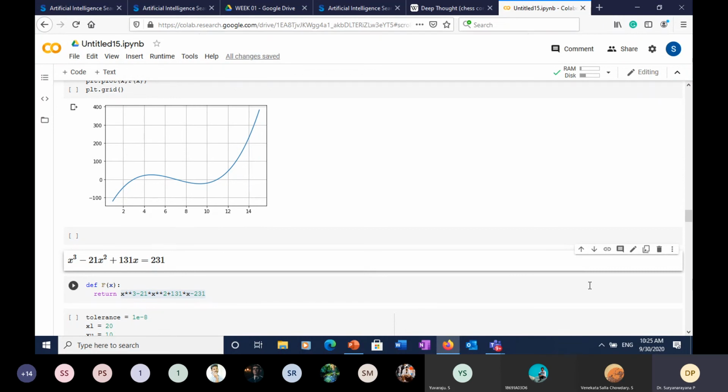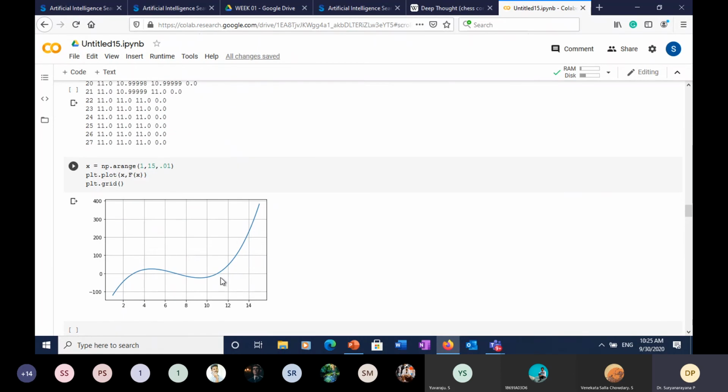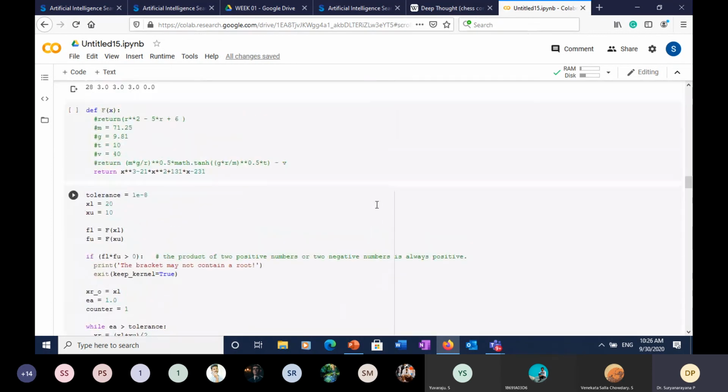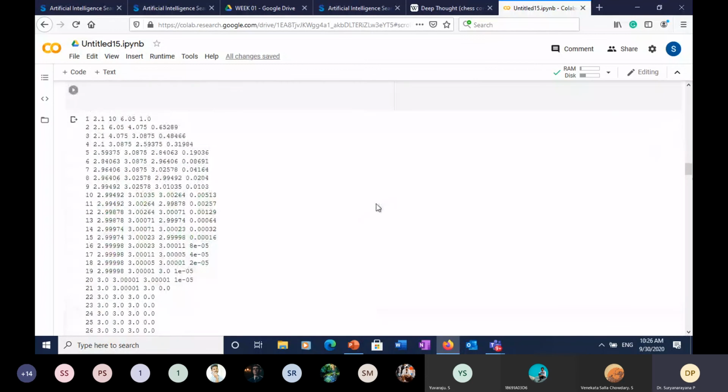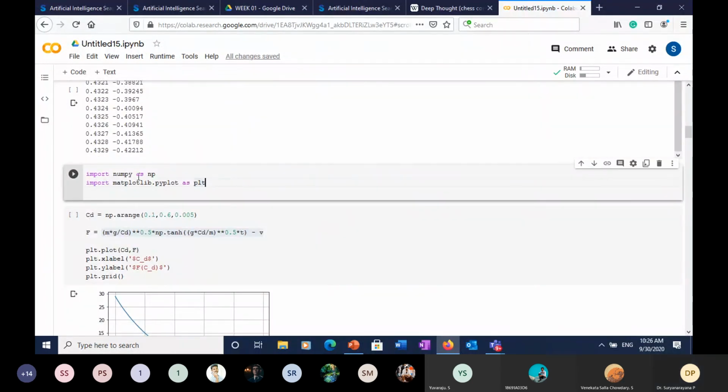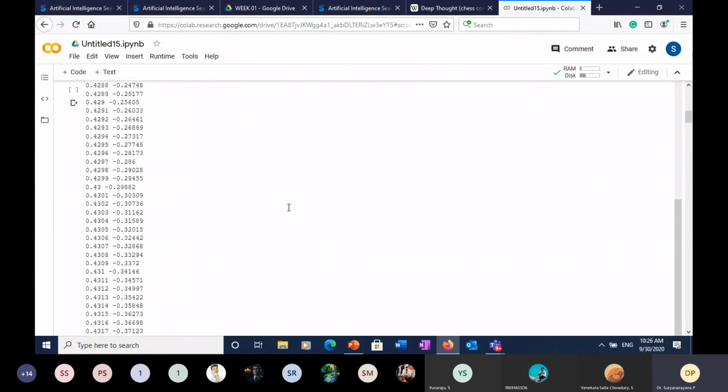So here I have done the plotting of that one. I take an x value range of 1 to 15, with spacing of 0.01. So this creates, okay, let me load the libraries. Okay, we load that library.